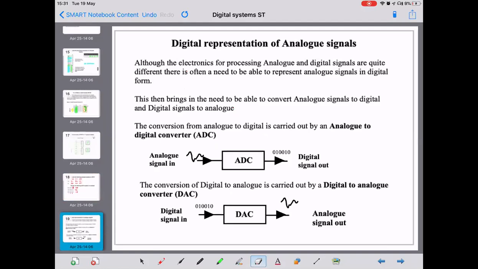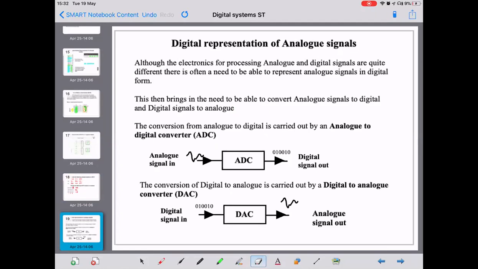We'll do one more little bit before we break off for a quick drink. Digital representation of analog signals. Although for the electronics for processing, analog and digital signals are very different, there's often a need to represent analog signals in digital form.